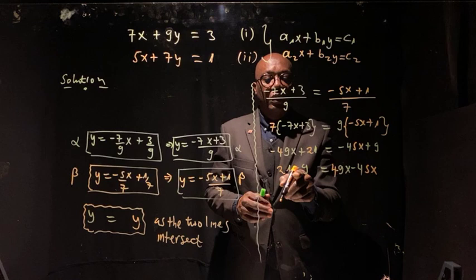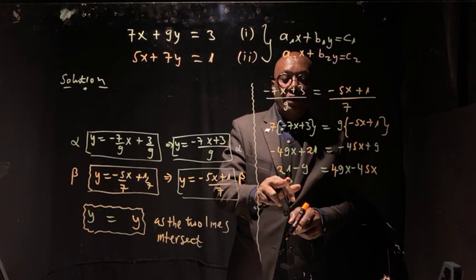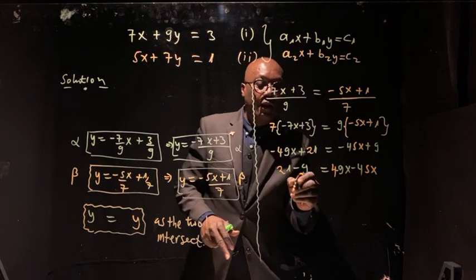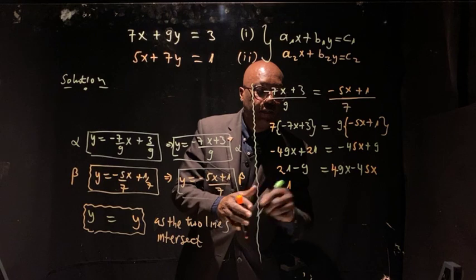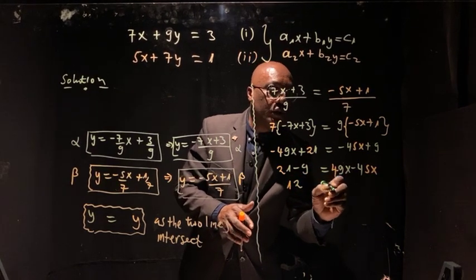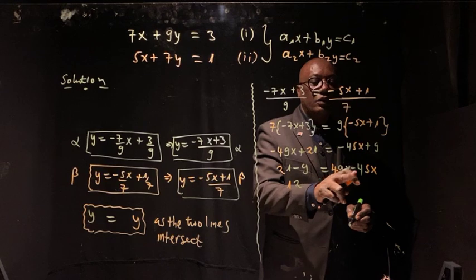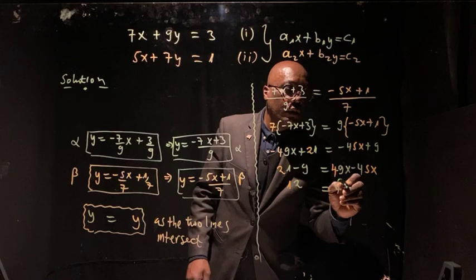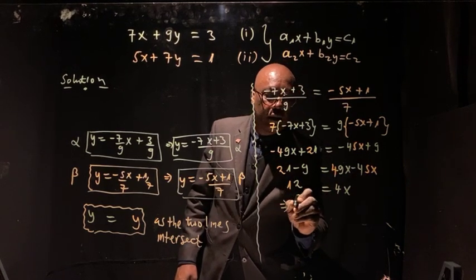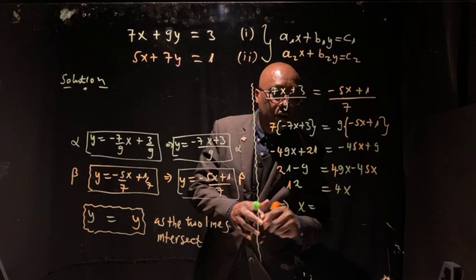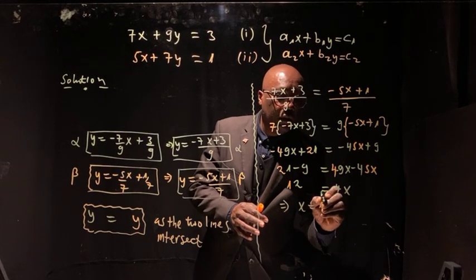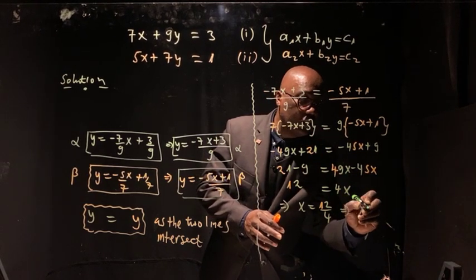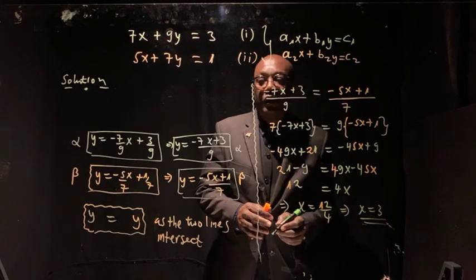So 21 minus 9 will be 12. 12 equal to 49x minus 45x will be 4x, which implies x equal 12 over 4, which indicates at the point of intersection x equals 3, exactly the same as we had in the previous approach.